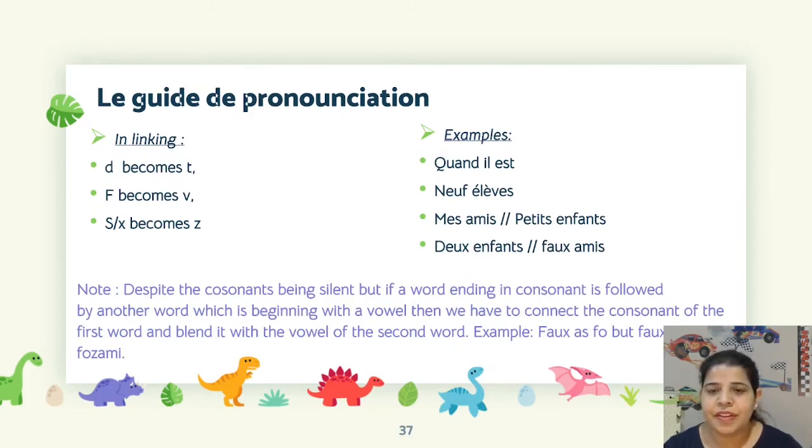In linking, whenever we have a first word ending with the consonant D, and the second word beginning with a vowel, we make the sound of T instead of the D. For example, we don't say the D in "grand" plainly; D becomes T. This D has to be pronounced because the next letter is a vowel.